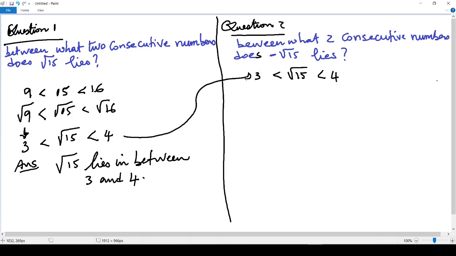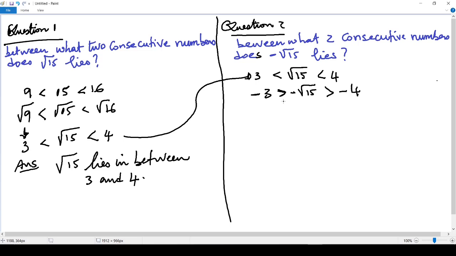I'm just recopying it. But in this case, we are talking about negative square root of 15. So we have to apply the negation to the whole equation, and that will become negative 3, right? While applying the negative sign to the whole equation, the inequality symbols will change. You have negative square root of 15, negative 4.